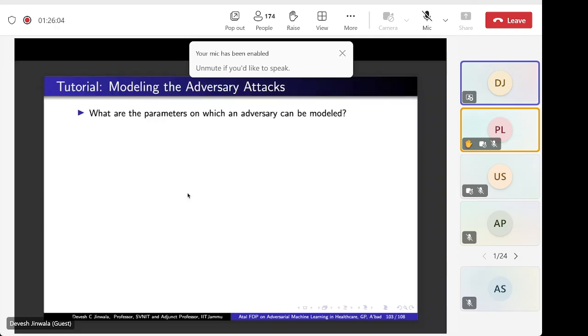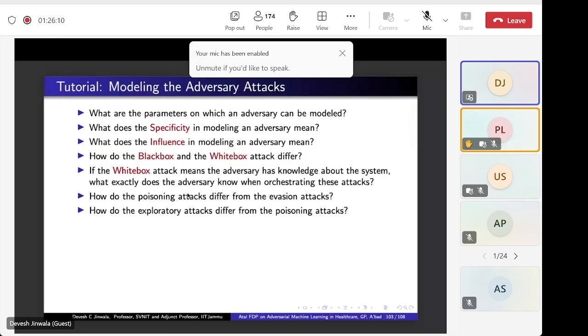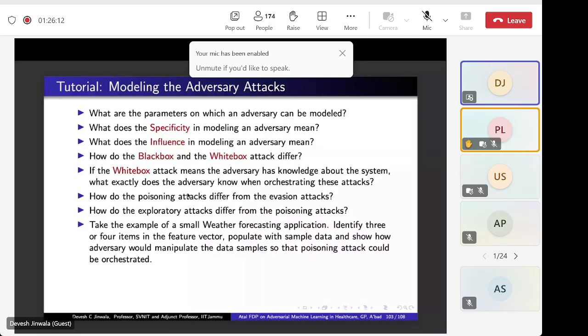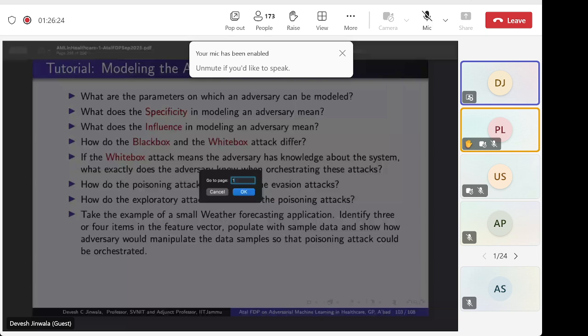There are some questions which you should try to answer based on whatever I presented earlier. As I said, this is not the end of my presentation. This can continue further by looking at what I was talking about in the first slide. If I go to the content slide, let me go to that.